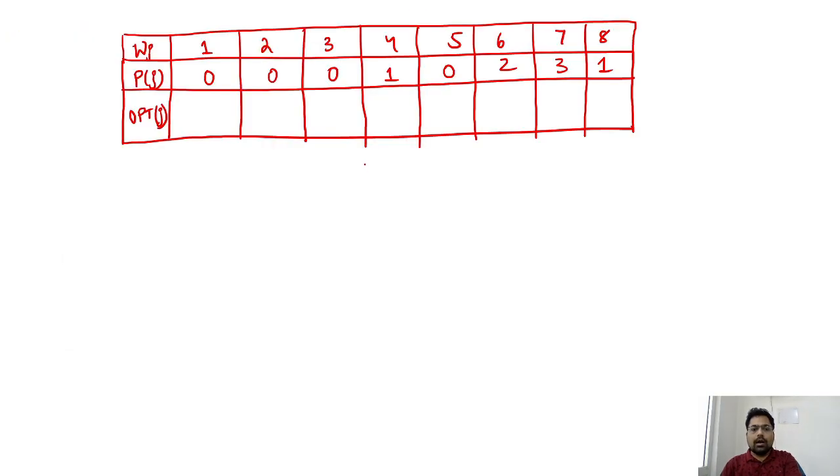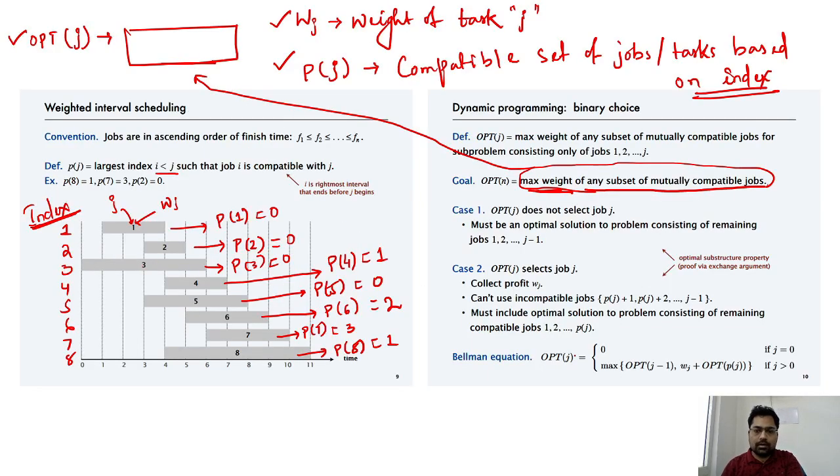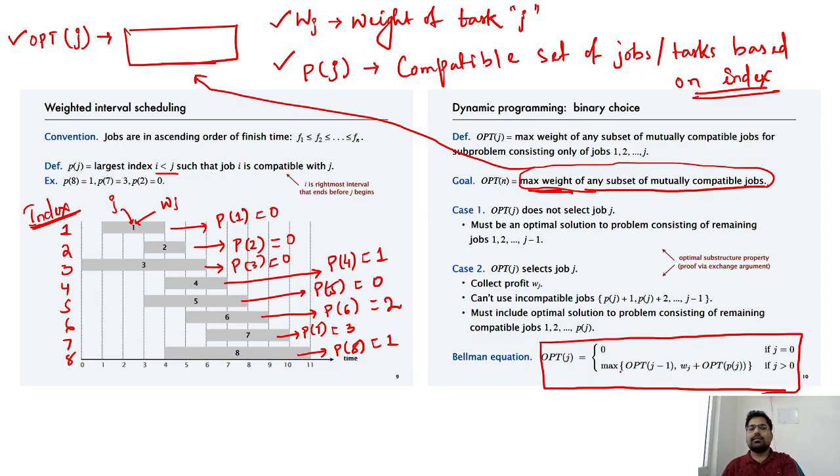Now we have this formula, which is called the Bellman equation, where we use the optimal value and get the maximum weight by considering this set of compatible jobs.